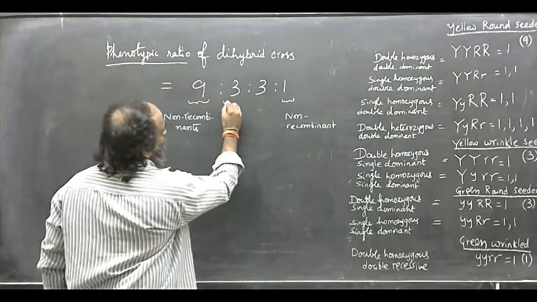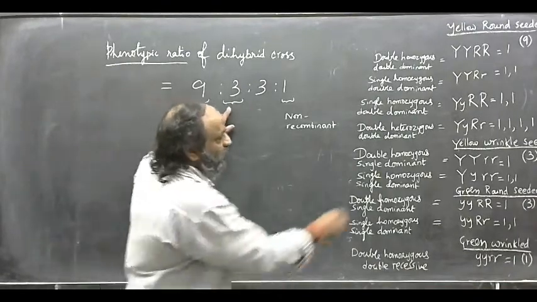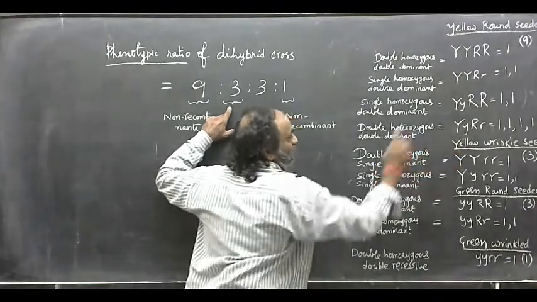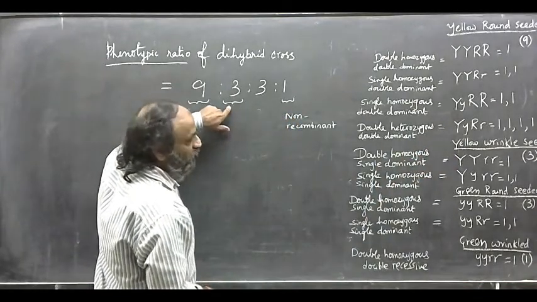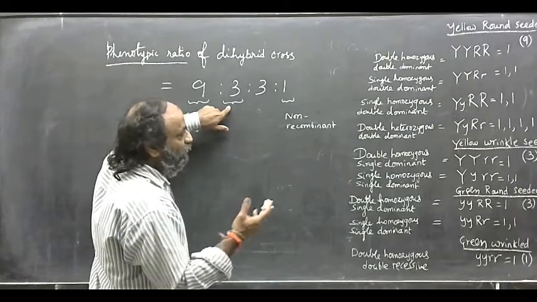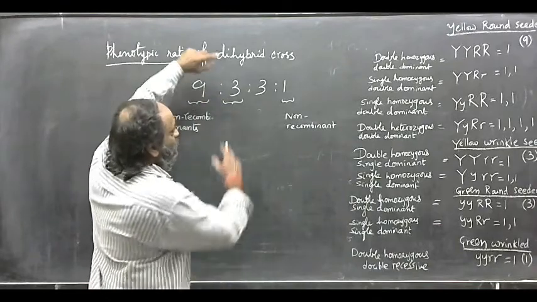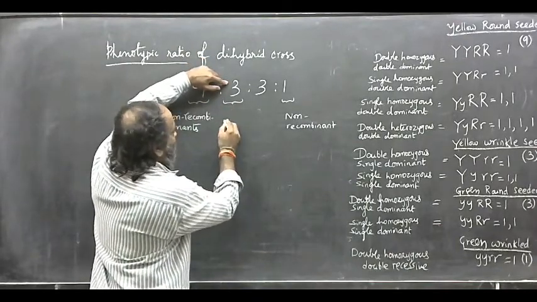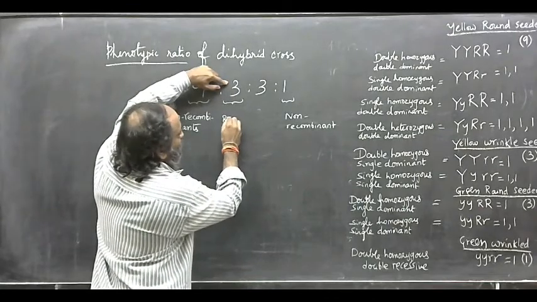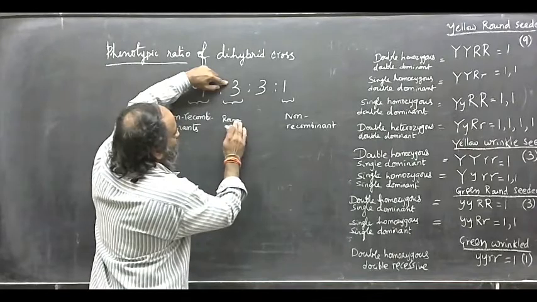And what about these 3? The 3 plants are yellow wrinkle seeded. Yellow wrinkle seeded condition is not seen in one parental plant. Therefore, yellow wrinkle seeded condition is a recombinant condition. So these 3 are recombinants.